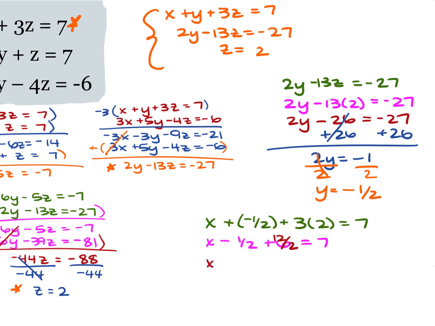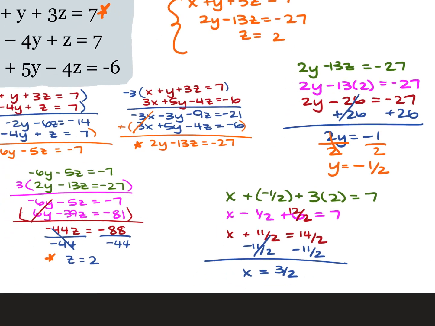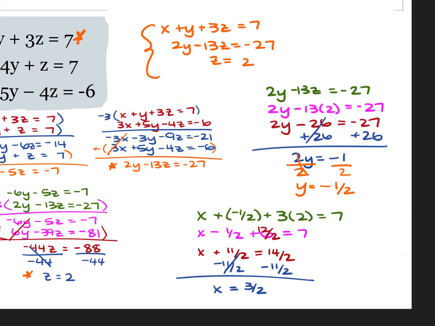So this is x plus 11 over 2 is equal to 7, or 14 over 2. We're going to subtract 11 over 2 from each side. We get x is equal to 3 over 2. So our ordered triple here for this one is 3 over 2, negative 1/2, 2.